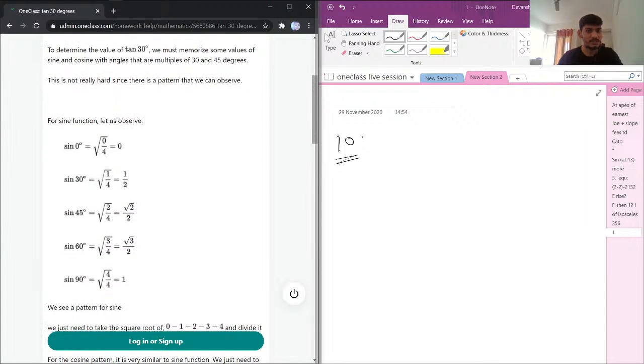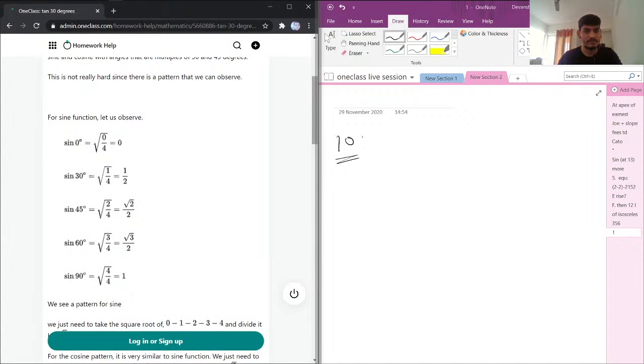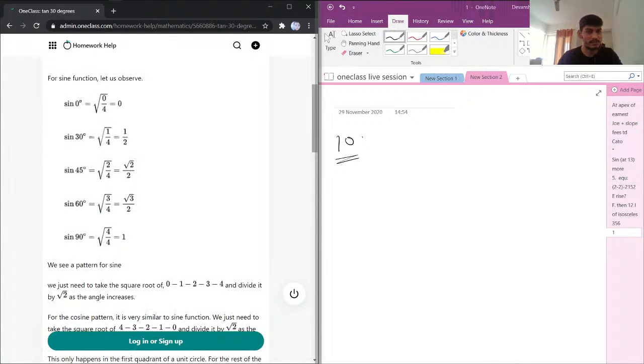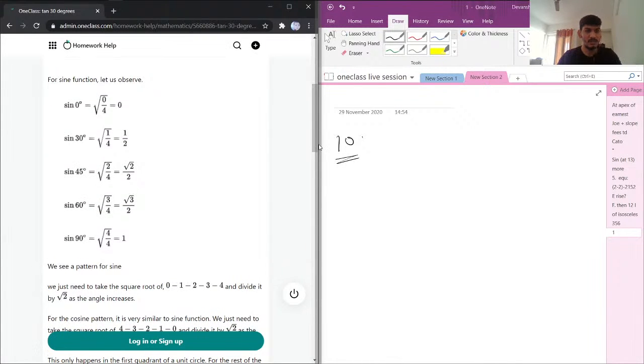This is not really hard since there is a pattern that we can observe. For the sine function, sine 0 is 0, sine 30 is half, sine 45 is root 2 by 2, basically 1 by root 2, sine 60 is root 3 by 2, and sine 90 is 1.